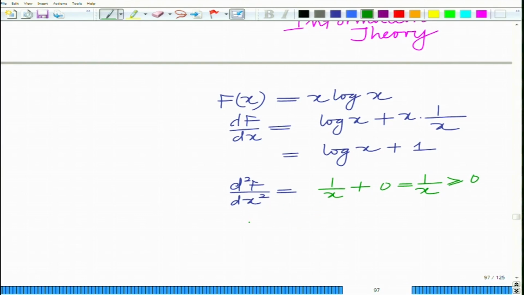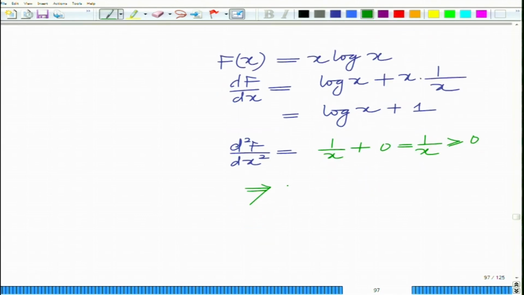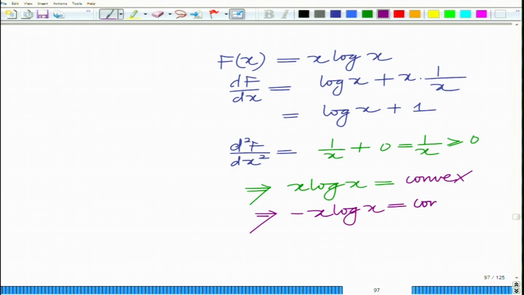So, this implies the Hessian, or second derivative, is greater than or equal to 0, which implies x log x is convex, which implies that minus x log x is concave.